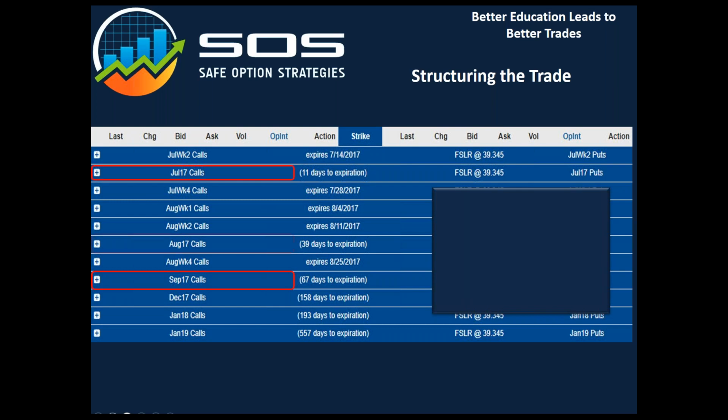When you structure a bull call spread, look at the month you're structuring the trade in, look at the nearest term option expiration, monthly. For just a moment, I want you to forget about weekly options. I know they're there, we use them, we take advantage of them when we can. We're not afraid of weekly options, but I want you to focus for just a moment on the monthly option expiration dates.